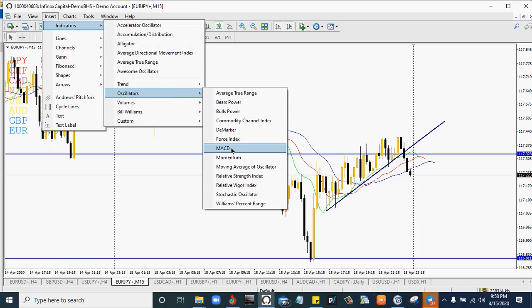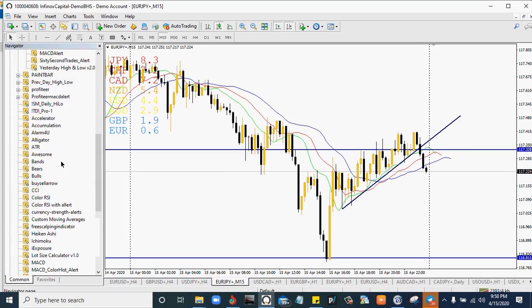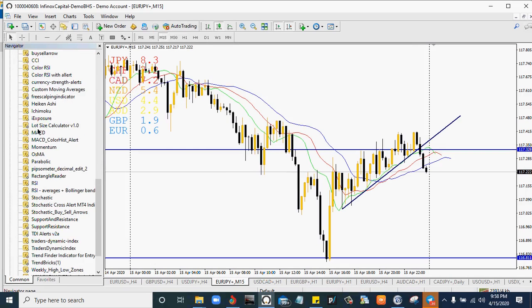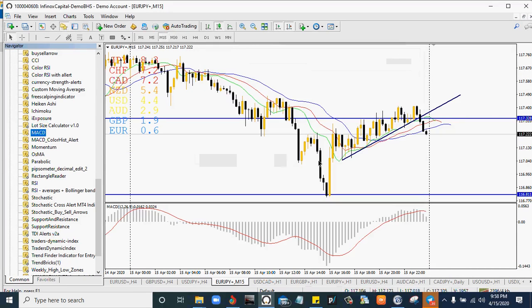You can use it here, you can also look for it here, anywhere you can use it. So this MACD, just drop. Okay, the MACD main line has crossed below the signal line. So it's almost going down.